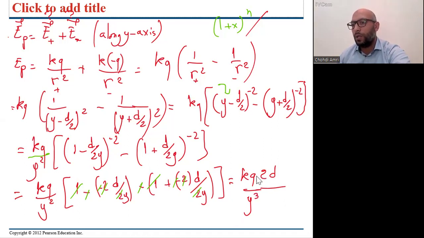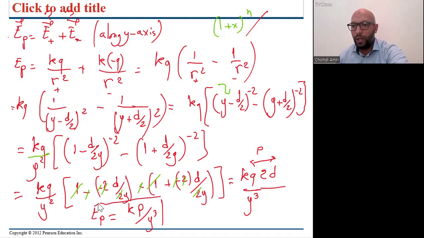What do you think about 2dq? 2dq is only p. And in this case, what are we going to get? So the electric field at the point P will be kP over y to the power 3, and it's along the y-axis. Good.